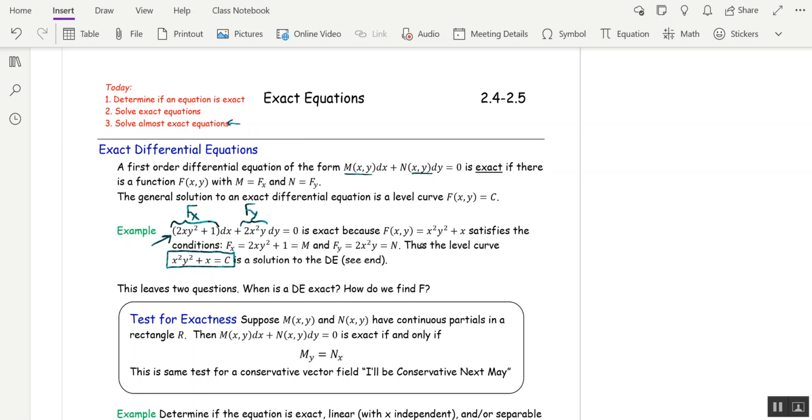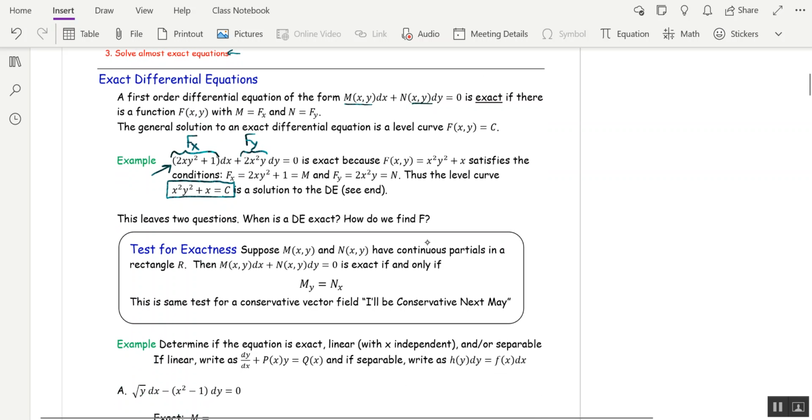So to answer question one, we have this first box here. There's a test for exactness. The test is M_y is N_x. If that's the case, then this differential equation is exact.